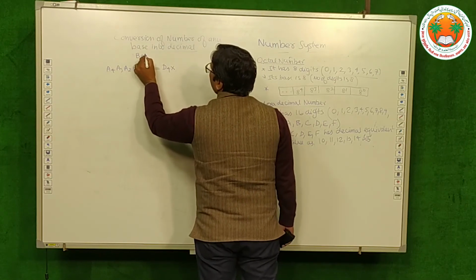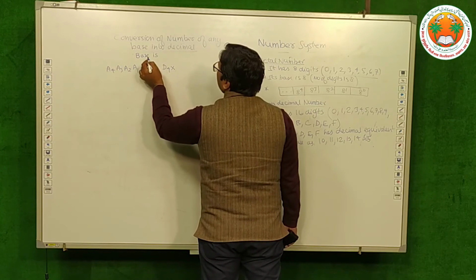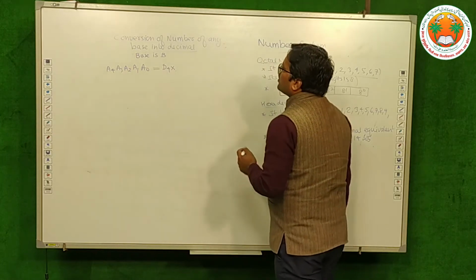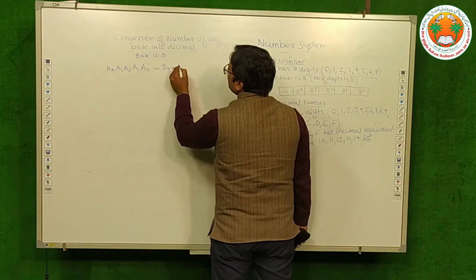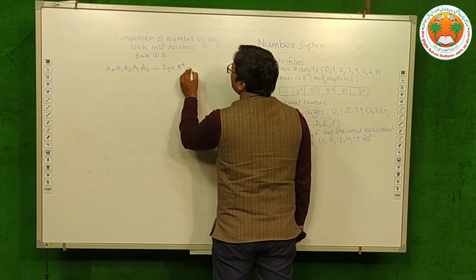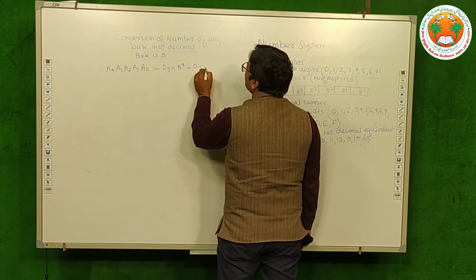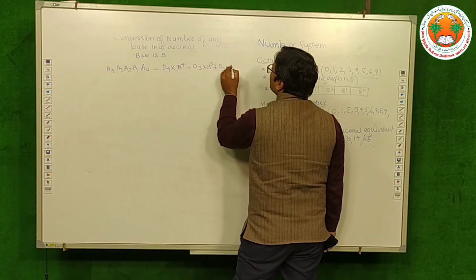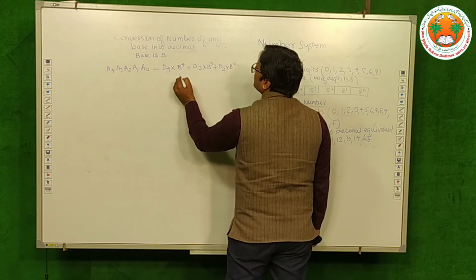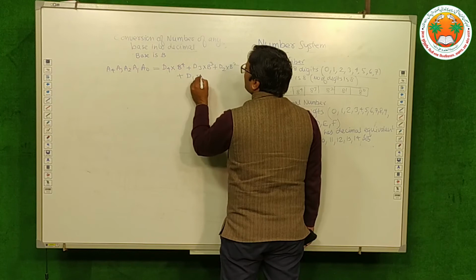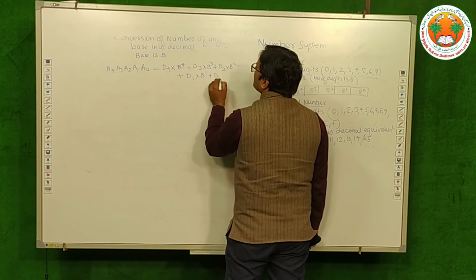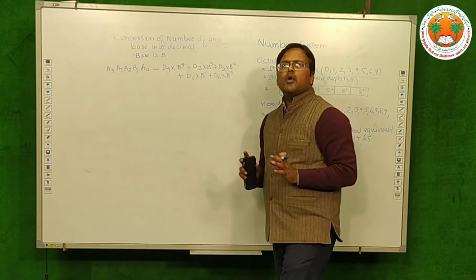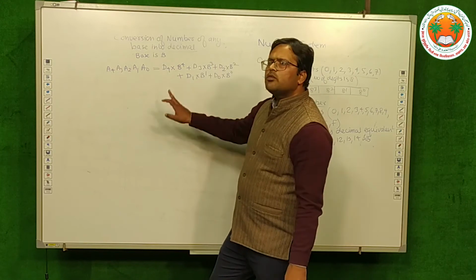Suppose the base is B. Now we are going to compute D4 into B to the power 4 plus D3 into B to the power 3 plus D2 into B to the power 2 plus D1 into B to the power 1 plus D0 into B to the power 0. In this way, the number of any base can be converted into decimal number system.